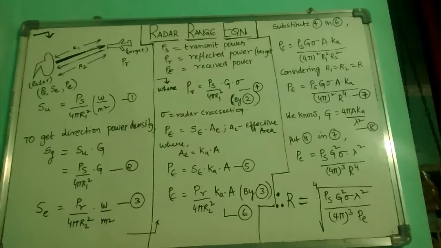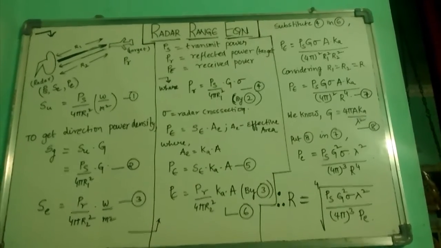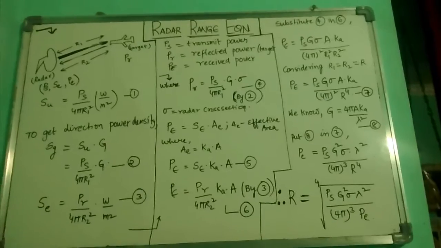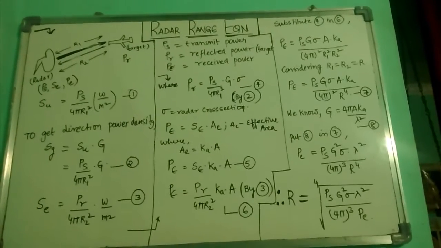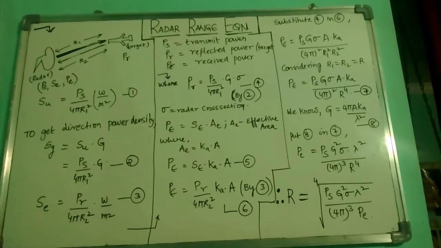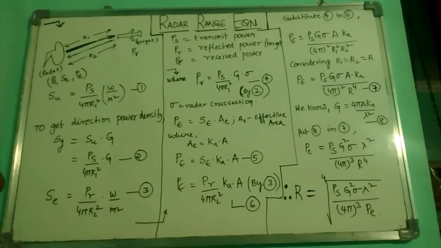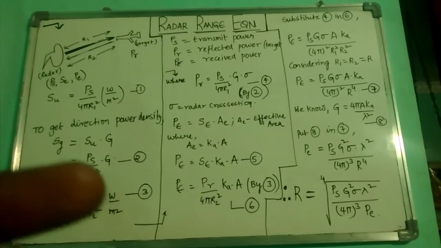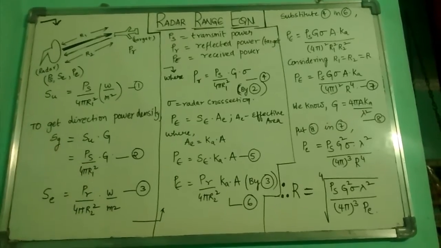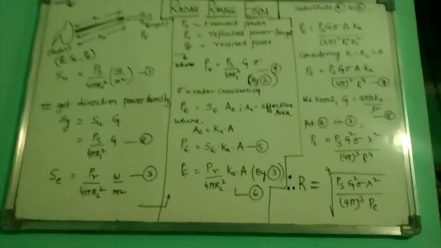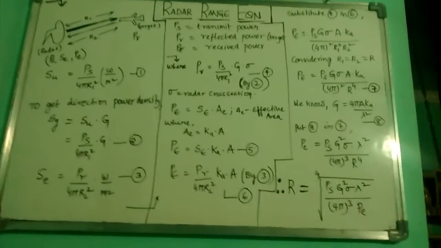Now PE is the received power at the radar. It is given by the power density SE, as in the third equation, multiplied by the effective area AE, where AE is K into A, and capital A defines the actual area.